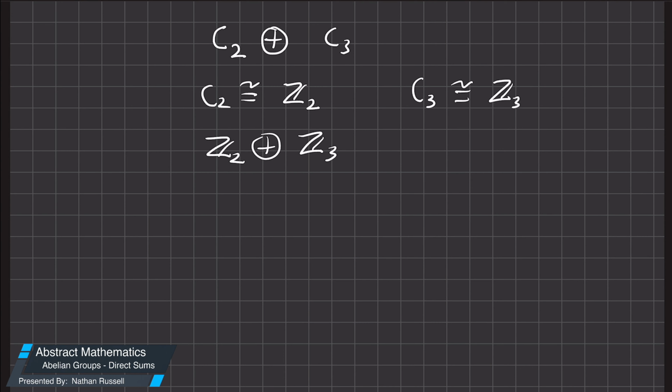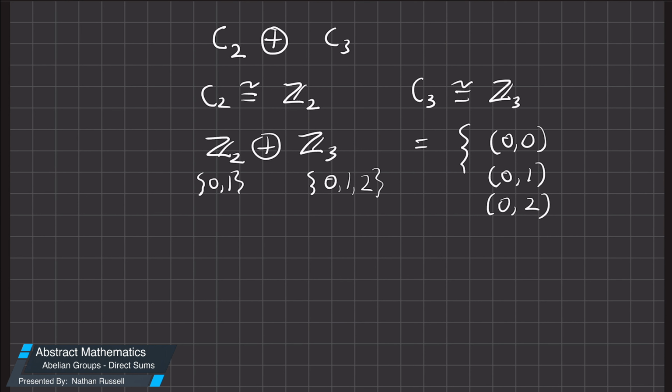Okay, so now notice that the elements in Z2 are 0 and 1, and notice that the elements in Z3 would be 0, 1, and 2. So all the components that are inside the direct sum look like this. It will be (0,0), (0,1), (0,2), (1,0), (1,1), and then (1,2).